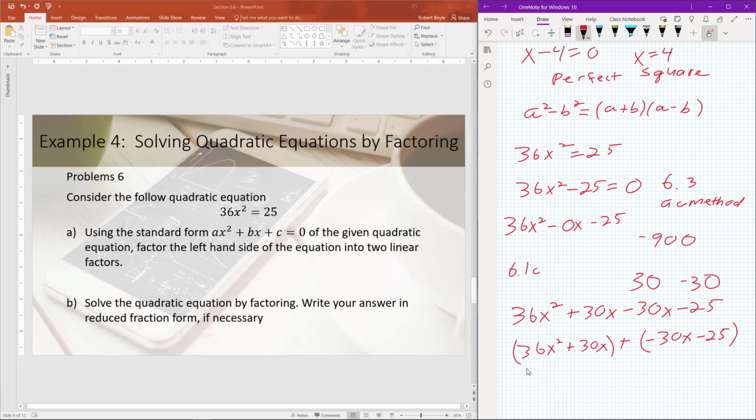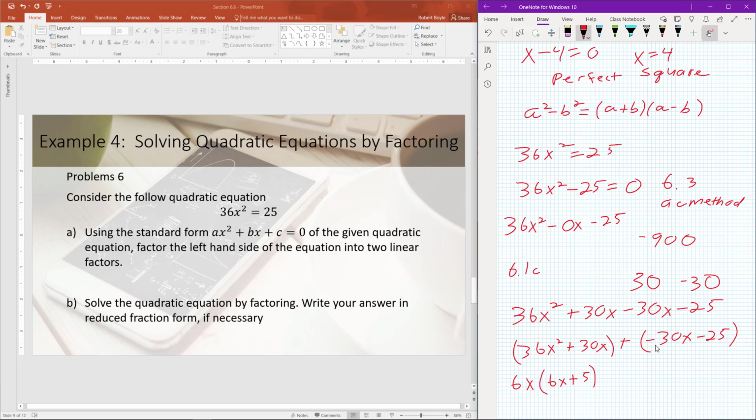Okay, notice here, now I want to find common factors. Notice here that this is 6 times 6, this is 6 times 5. So there is a 6 in common. We have 2 x's here, 1 x there. There's an x in common, so I can bring those out. And then that will leave me with a 6x plus 5.